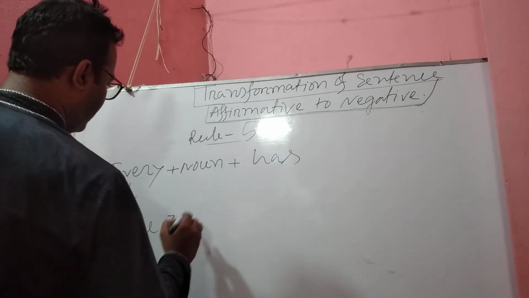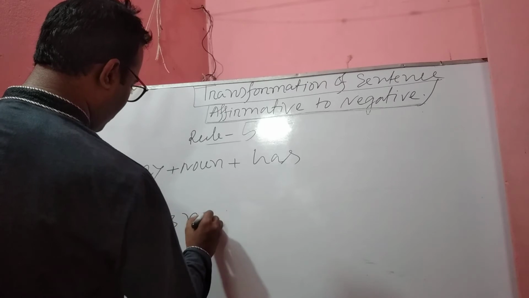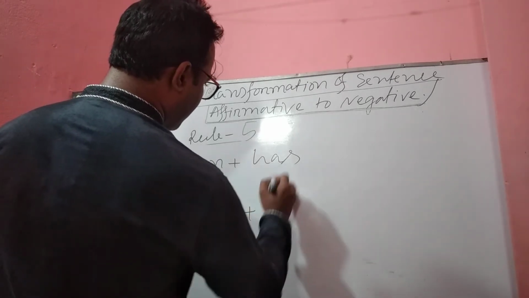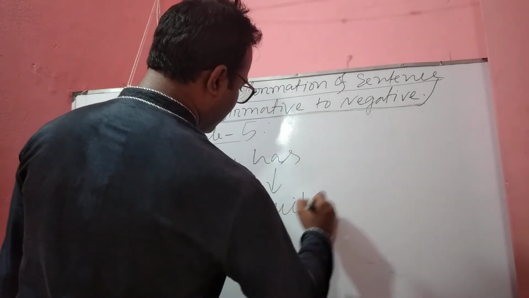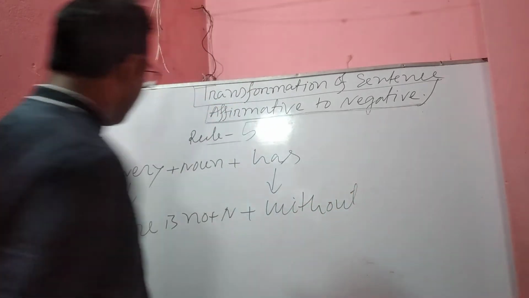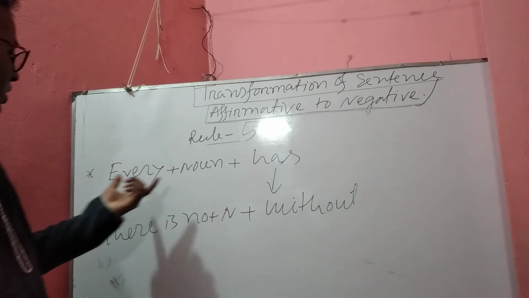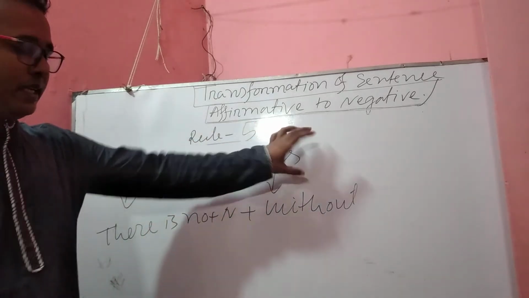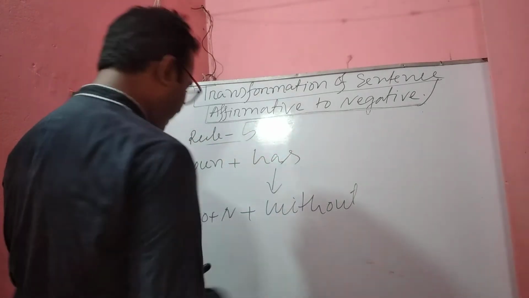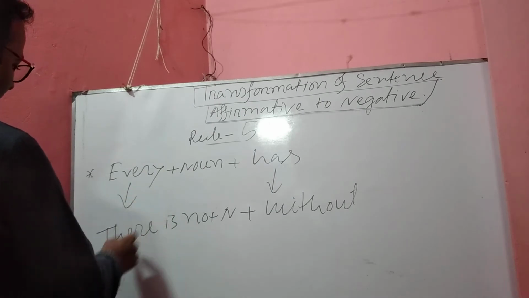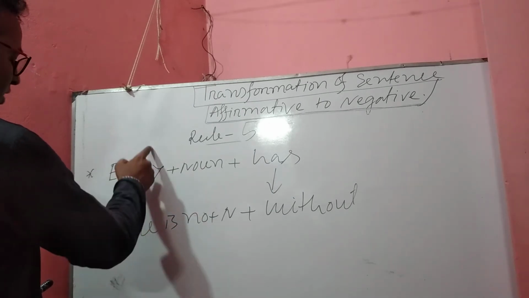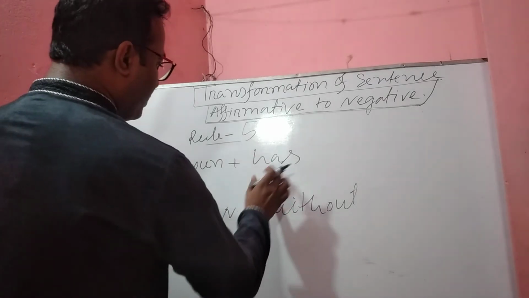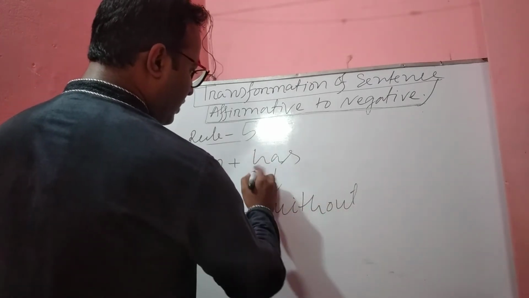There is no plus noun plus without. So, if you find every plus noun plus has, where has must be the principal verb, then you have to use there is no instead of every, then the noun again, and you have to use without instead of has.